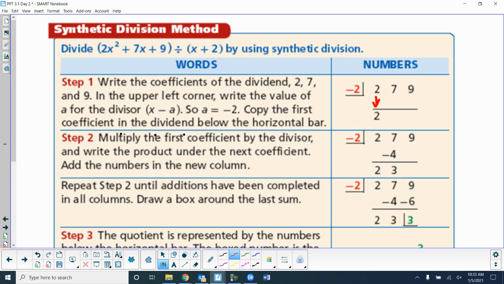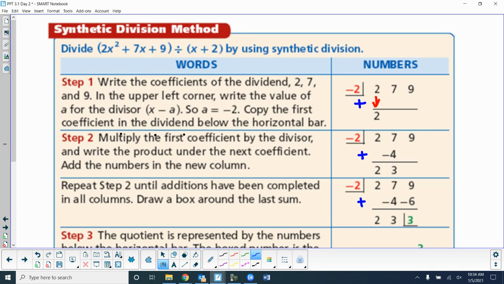So, like in long division, we drop the back one. Here we're going to drop the front one. Also, we're always going to add instead of subtract like we did in long division. So that's the difference. We're going to drop the first term under the line, and this is always addition then.